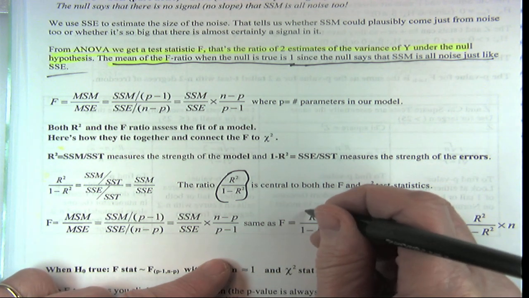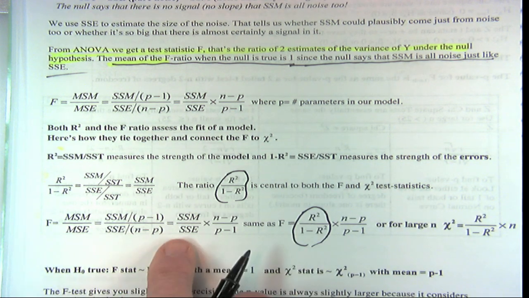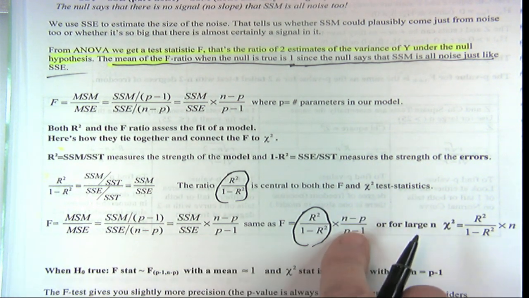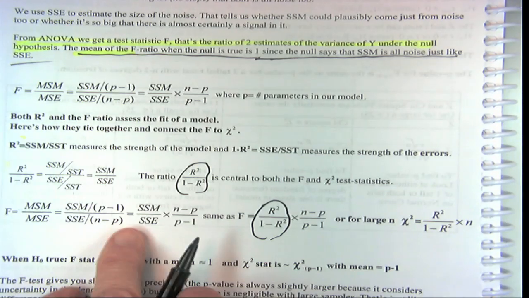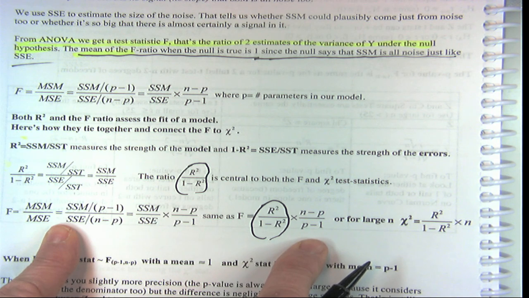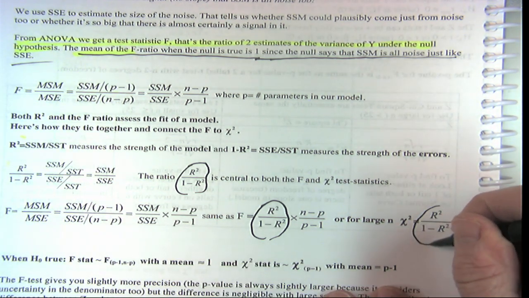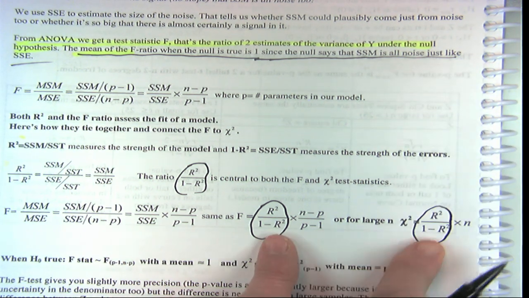For F, after you divide, tweaking the degrees of freedom, you get this, right? You divide each by its degrees of freedom, and we get that. And then for large N, okay, so here's chi-squared.